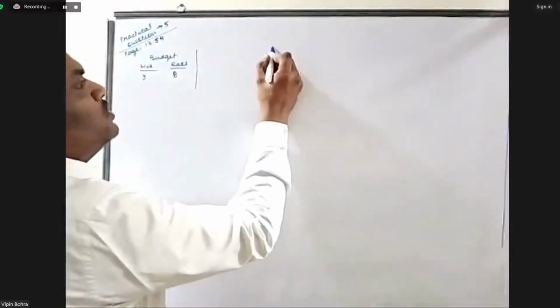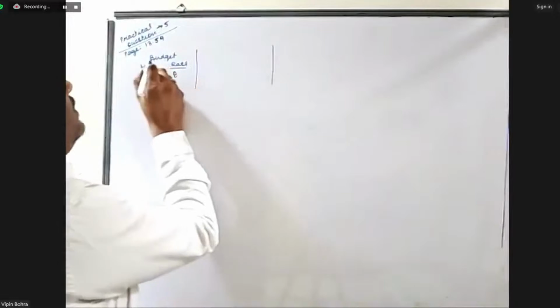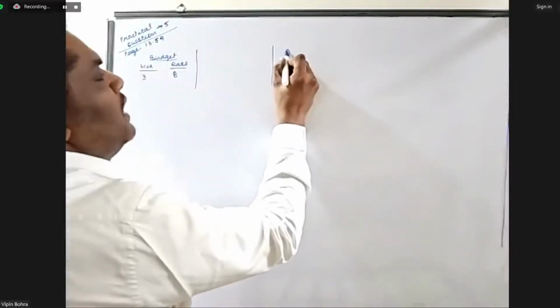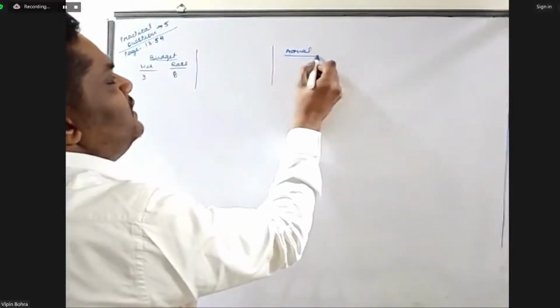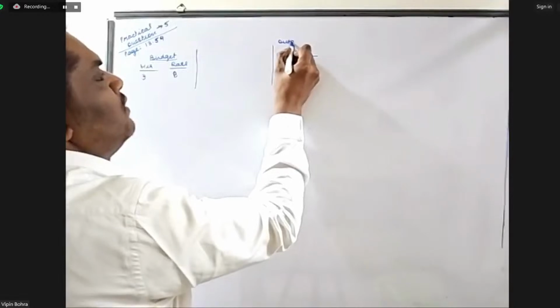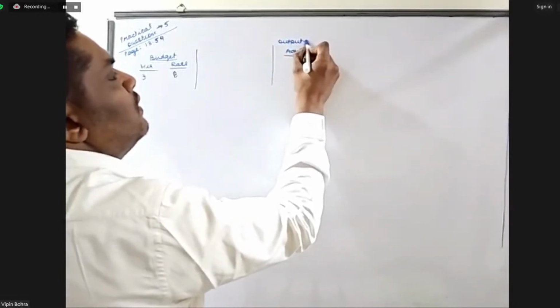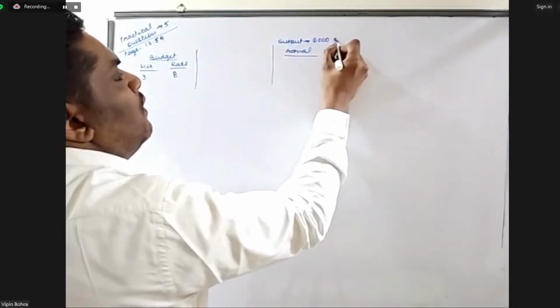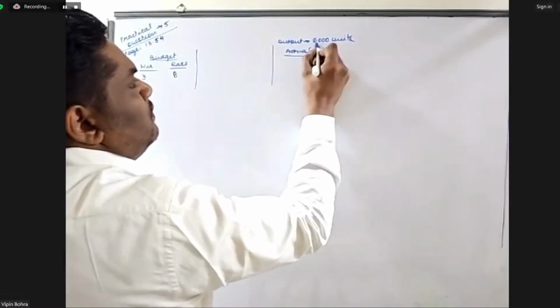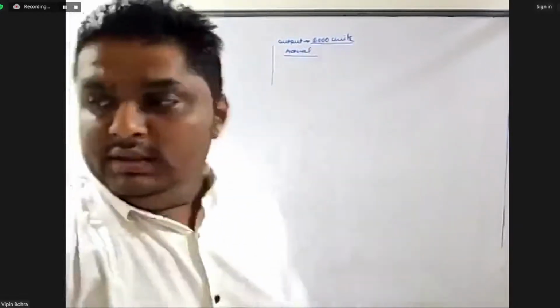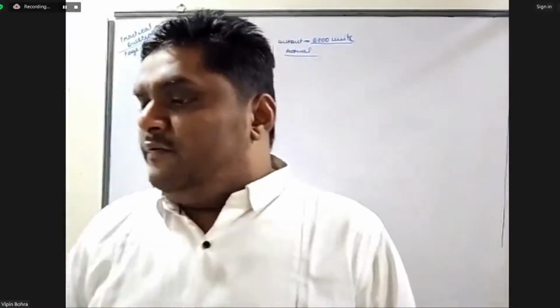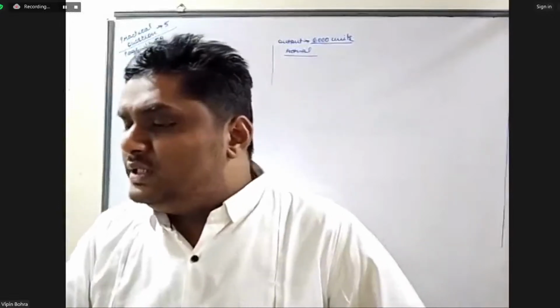Further, the company manufactured and sold 6,000 units of product during the year. So when talking about the actual data, the company manufactured 6,000 units. So output is 6,000 units, wherein the details of the material used is given.